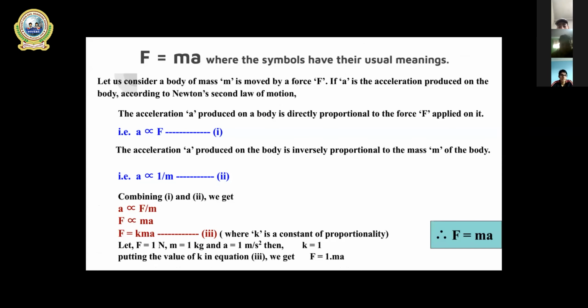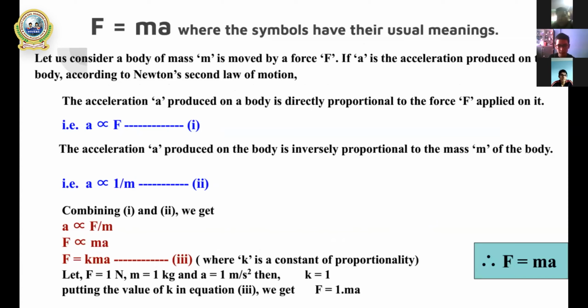Excuse me, sir. Yes, Shivam. Sir, how did K come in equation 3? In equation 3, to remove the proportionality we have used a constant K. If you put the value of F, M, A, then finally we get K is also 1.